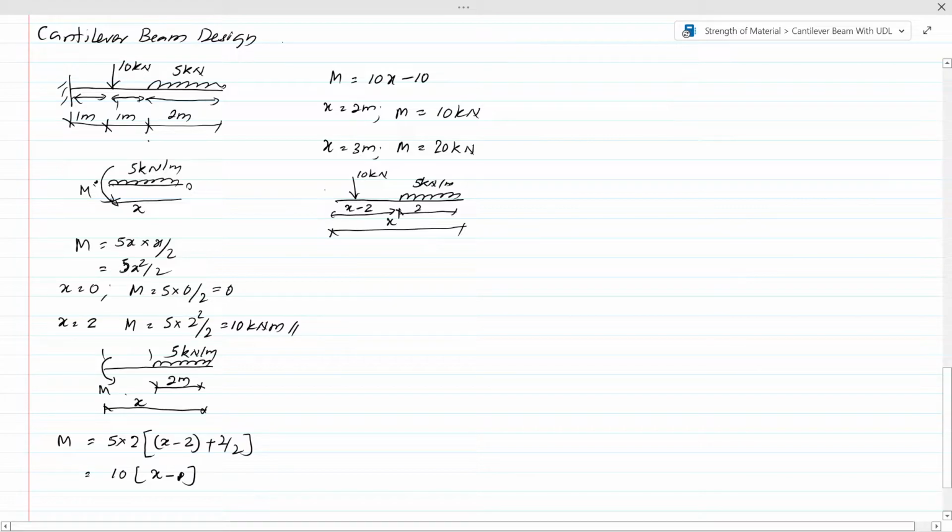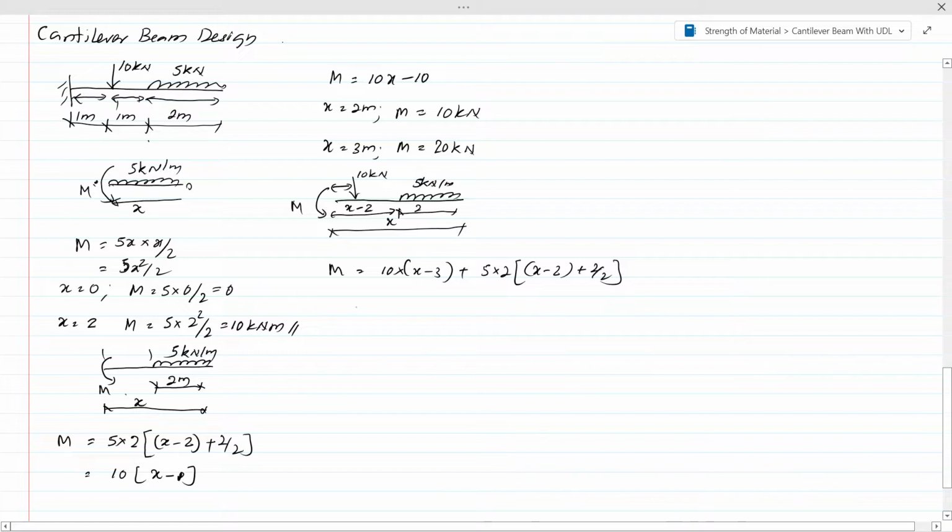Now let's write the bending moment equation. We know the bending moment. Here the moment equals 10 into, what's this distance? 10 into the total distance x, then here 2, this is 1 meter, that is x minus 3, plus 5 into 2 multiplied by x minus 2 plus 2 by 2, right?